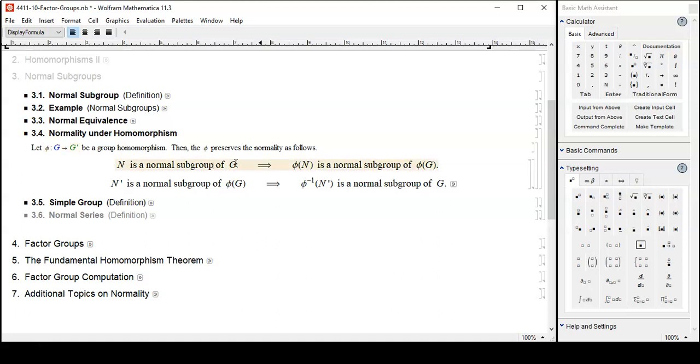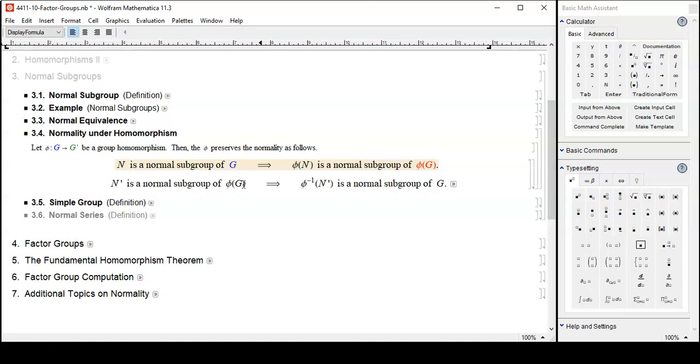So N is a normal subgroup of G. Doesn't mean phi of N is a normal subgroup of G prime. G prime can be too big. It's a normal subgroup of phi of G. Only that much.